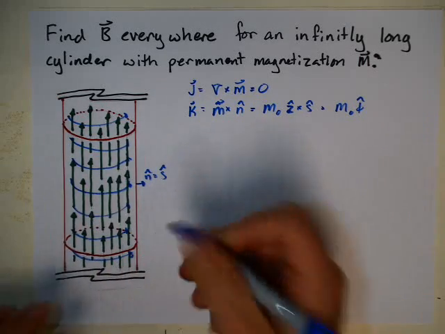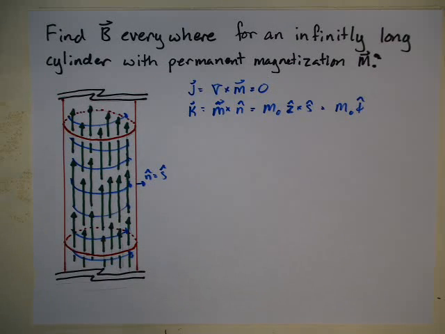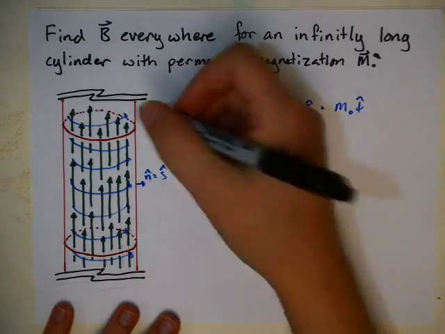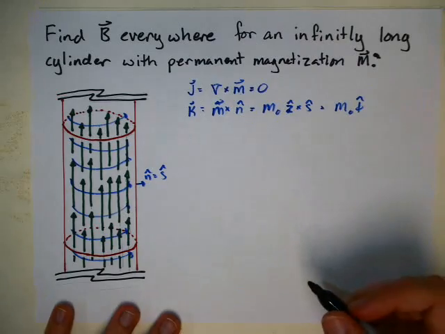Now step 2 is to find the magnetic field everywhere. To find the magnetic field everywhere, I'm going to use Ampere's law, because I have a symmetric system here. This is essentially an infinite solenoid.